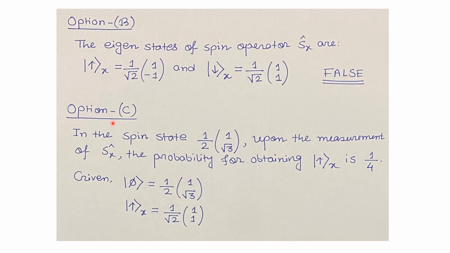Now option C says that in the spin state 1 by 2 times the column matrix (1, root 3), upon the measurement of Sx cap, the probability for obtaining up spin is 1/4. So in our case, the given state phi is 1 by 2 times the matrix (1, root 3), and the up spin state is 1 by root 2 times the column matrix (1, 1), which we have calculated in the previous slide.